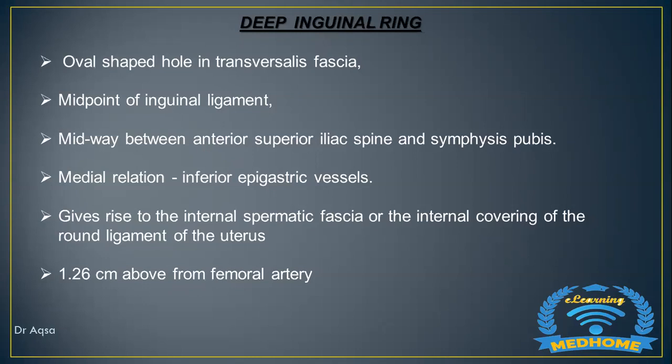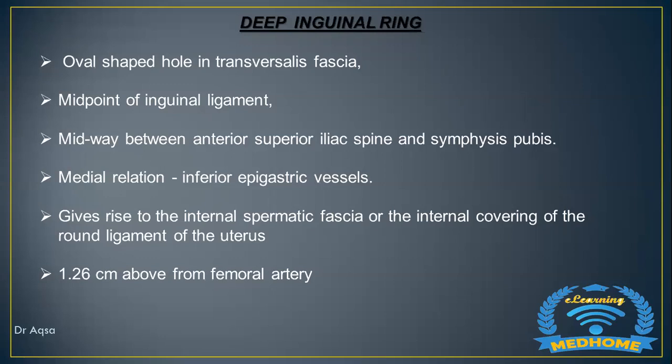So for the deep inguinal ring, I'm just going to quickly revise it: it's an oval shaped hole or defect in the fascia transversalis, and it can also be located by the midpoint of the inguinal ligament, or midway between the anterior superior iliac spine and pubic symphysis.